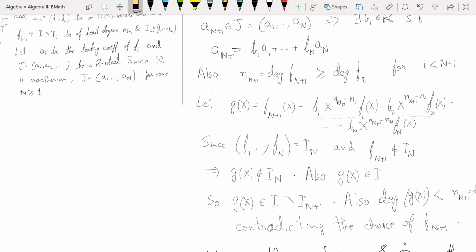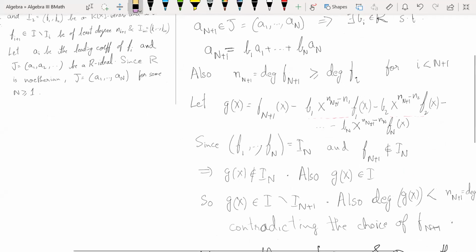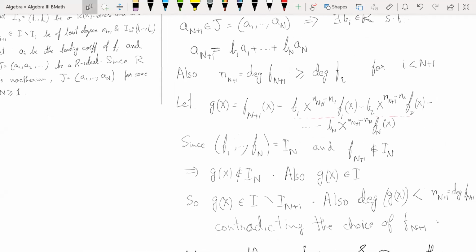So g(x) belongs to I minus I_N, and we observe that the degree of g(x) is strictly less than the degree of f_{N+1}, and this contradicts the choice of f_{N+1}. We had chosen f_{N+1} to be an element of I minus I_N of least degree.